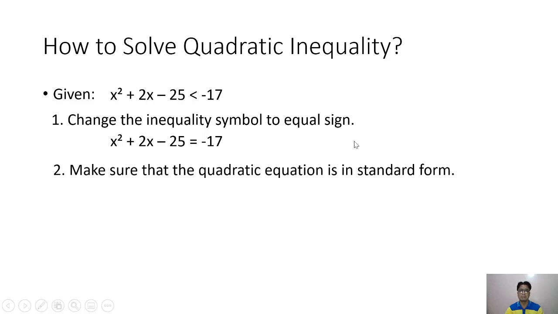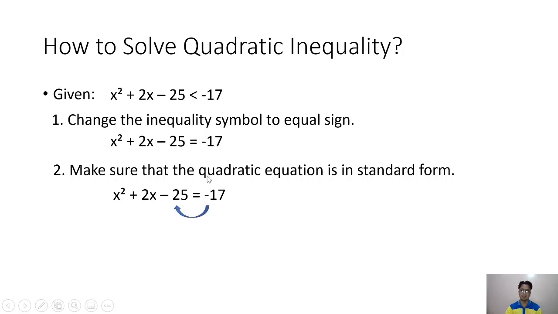Next, we have to make sure that the quadratic equation is in standard form. Ito yung given natin. Ang standard form natin, ax squared plus bx plus c is equal to 0, equated sa 0. In this case, meron pa tayong negative 17. So what we're going to do, ilipat natin sa kabila.